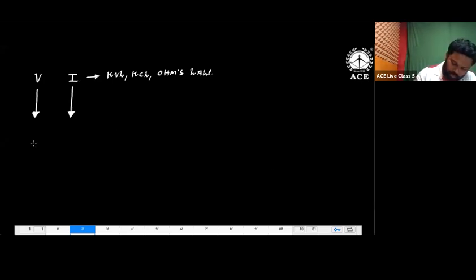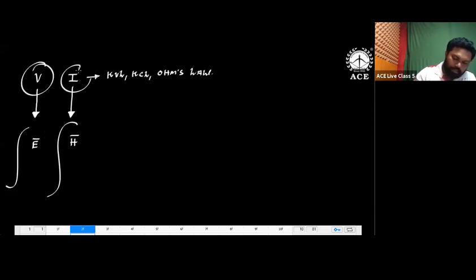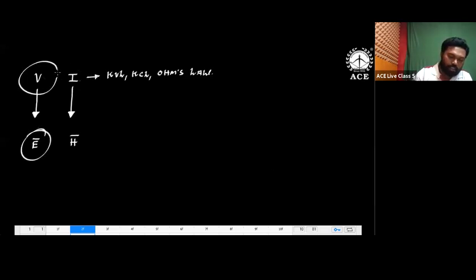After entering into the subject, you'll notice that the line integral of electric field will give voltage, and the line integral of magnetic field will give current. Or in other words, just remember that the scalar equivalent of electric field is voltage. The scalar equivalent of magnetic field is current.